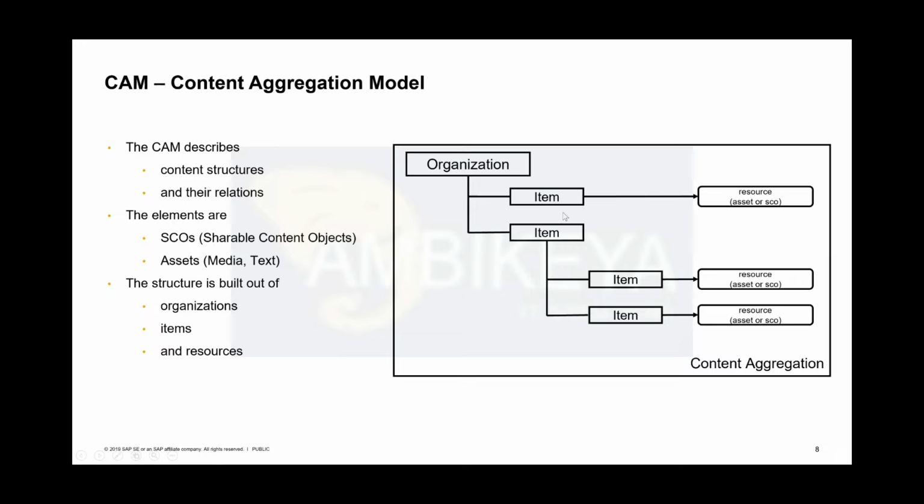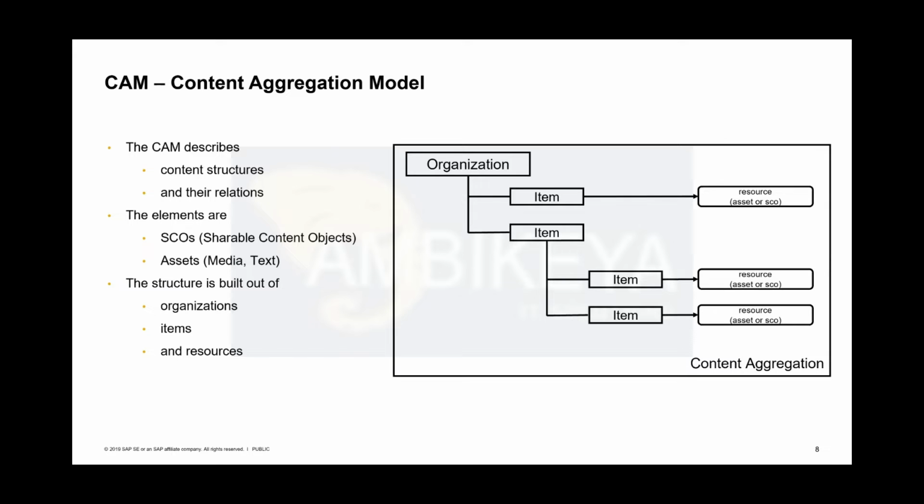And those items point to resources, and the resources might be assets and SCOs. And all this is used to give the LMS an idea about the files, the physical files, which are necessary to run the course properly, because the LMSs usually are organizing their internal file repositories on their own.